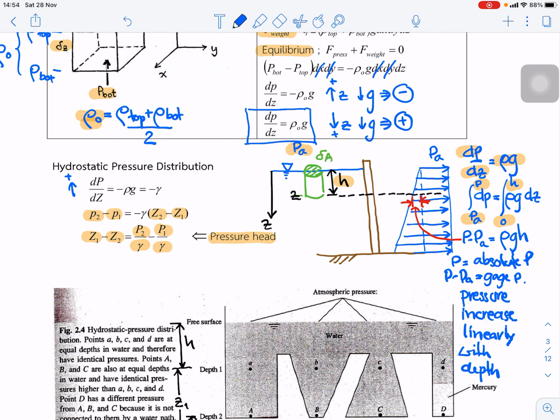Normally rho is a constant, the density of the fluid is constant, so we can say that the pressure increases linearly with the depth.